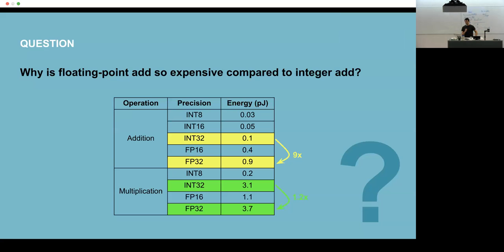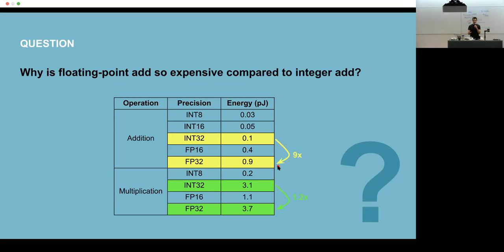So, a question now for you to answer, maybe in the chat or by unmuting. We looked at multiplication and saw major improvements in energy when doing quantization and moving from floating point format to integer precision. But what about addition?